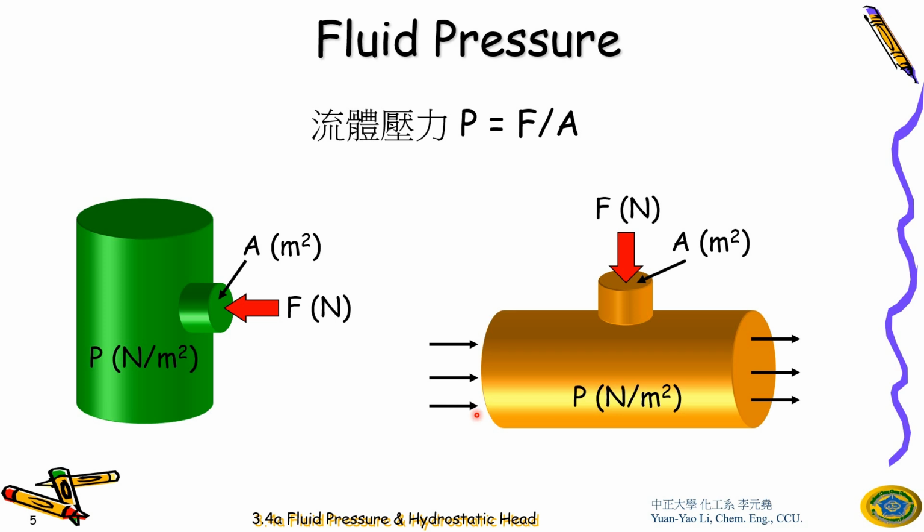The first term is called fluid pressure. When you have a fluid, if you have a pipe, the water flows from the top to the bottom. If you drill a hole and have a stopper to stop it, once you take out the stopper, the water will come out of the hole.